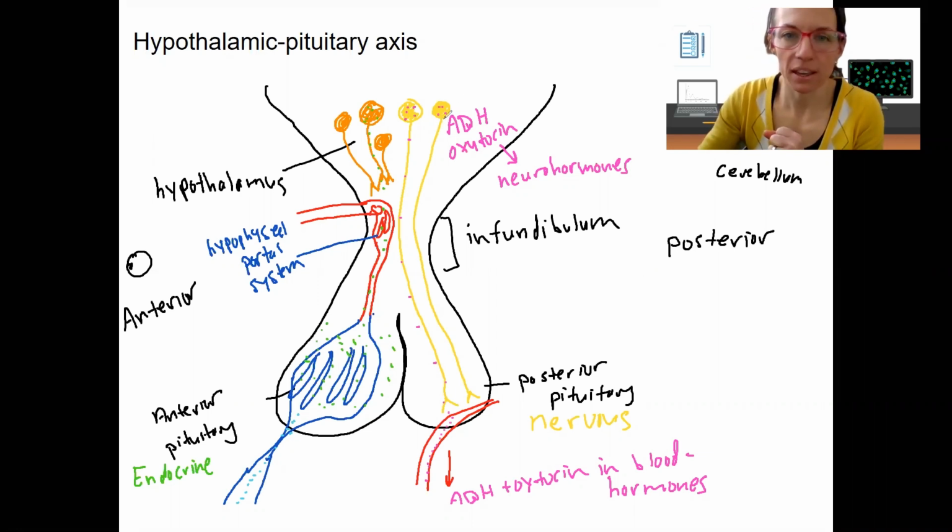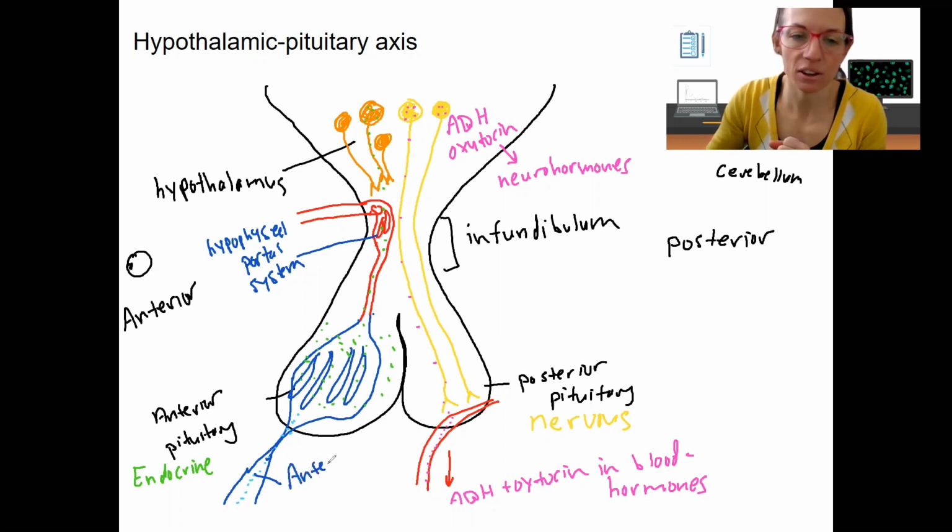So the thing is, there are axons all the way down that release hormone directly into the bloodstream, nervous tissue, versus shorter axons that release hormone into the bloodstream, this local portal system, that then causes the release of different hormones from the anterior pituitary gland.